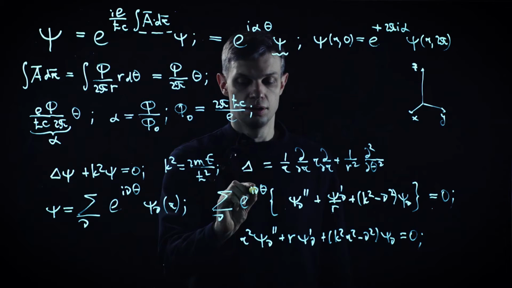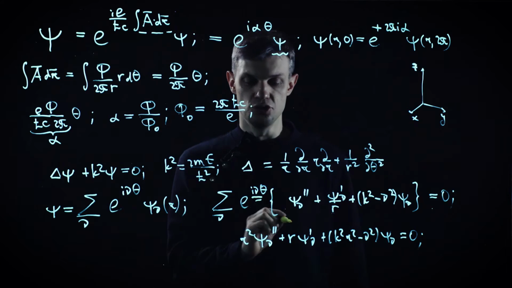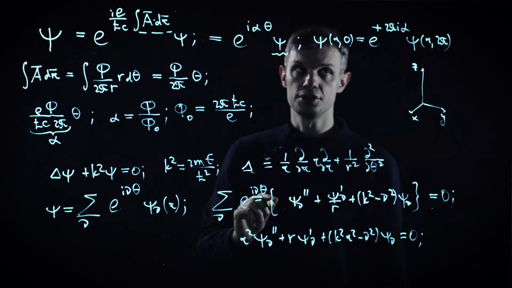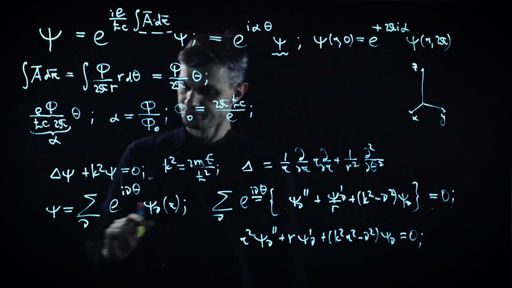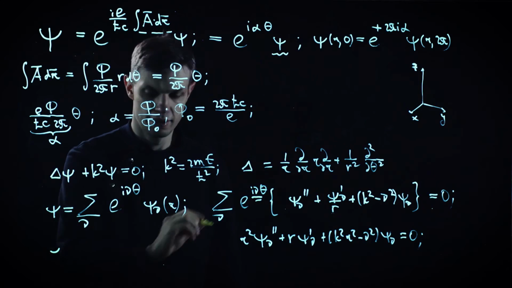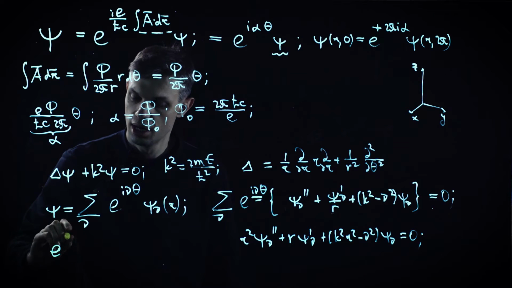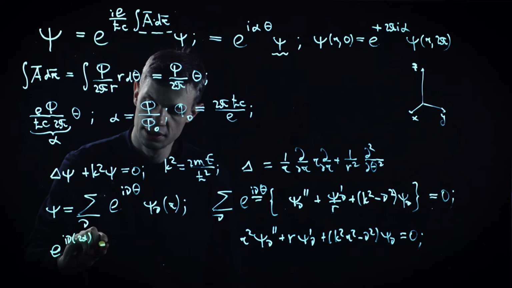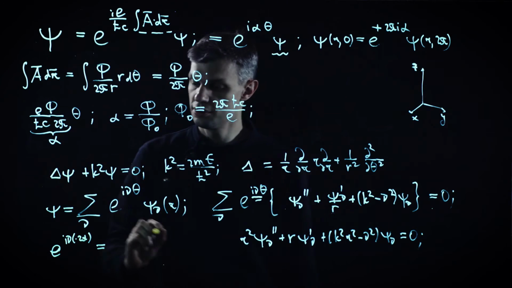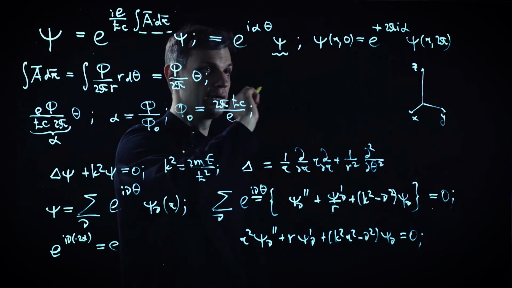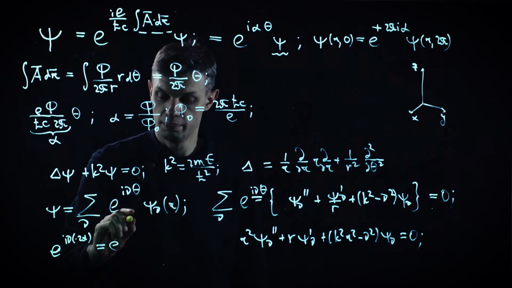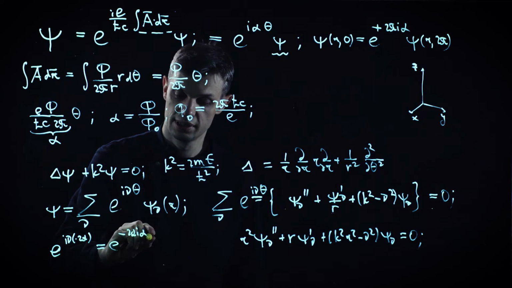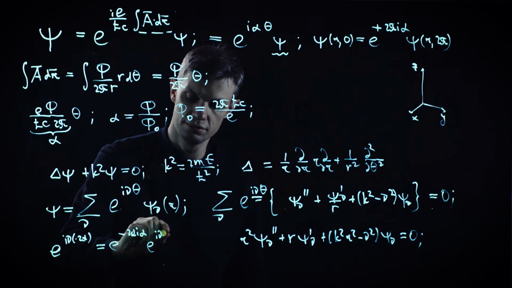Now let's see what the allowed values of this new parameter should be. According to this boundary condition, e to the i nu times 2 pi should be equal to e to the minus 2 pi i alpha times e to the i nu times 0.